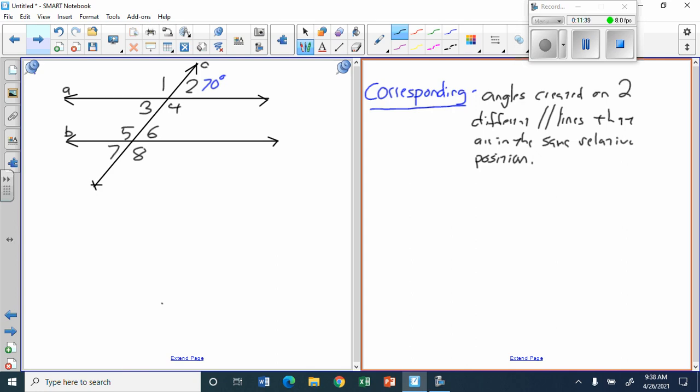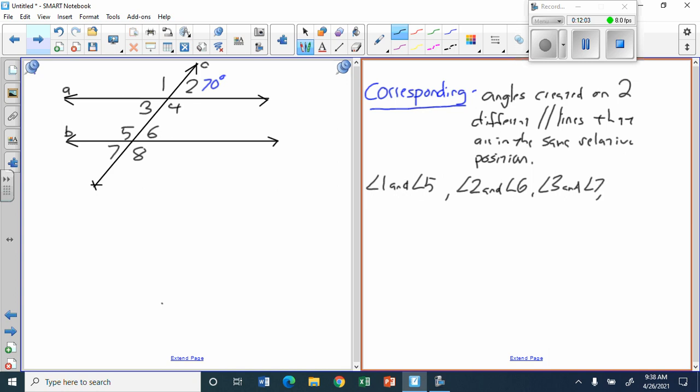And naturally, you guys came up with those. So examples would be angle 1 and angle 5. Angle 2 and angle 6. Angle 3 and which angle? Angle 7, good.